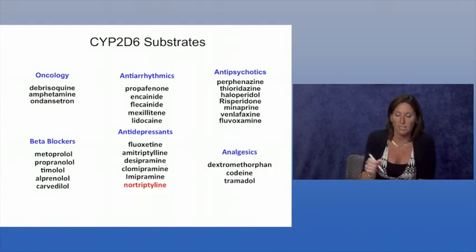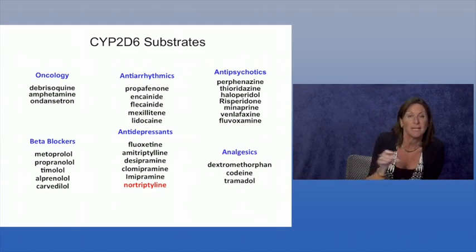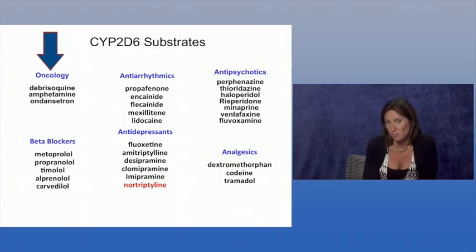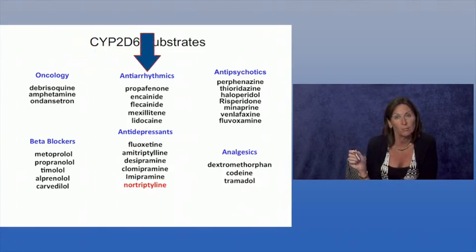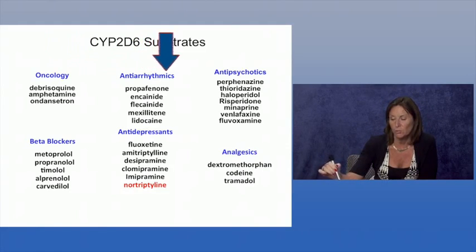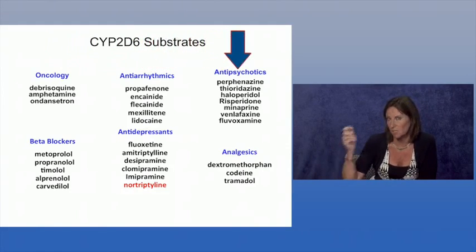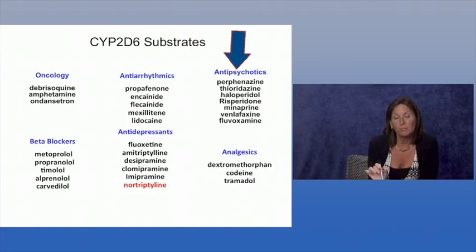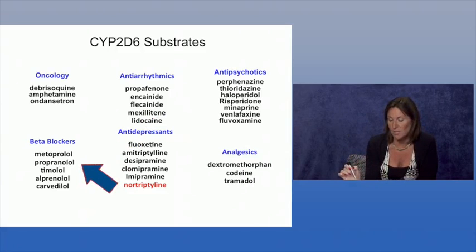So here you can see it is an enzyme that is important in the metabolism of drugs used in the treatment of cancers, in people who have abnormal cardiac rhythms, in people who have psychiatric diseases such as schizophrenia, patients who have high blood pressure or need beta blockers for the protection against heart disease, require 2D6 for metabolism.